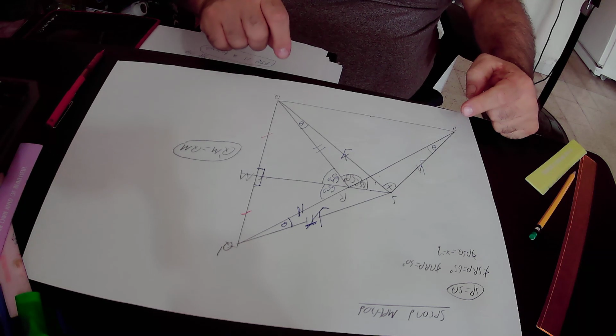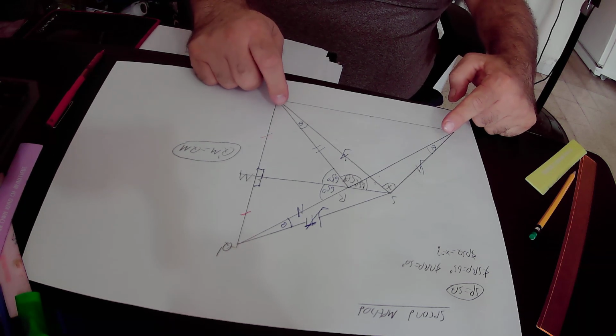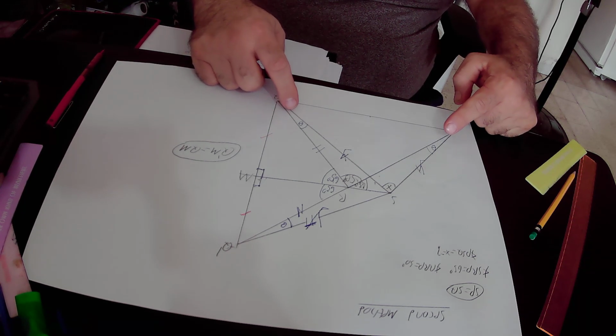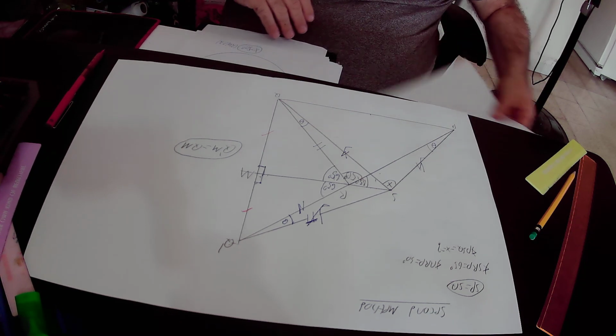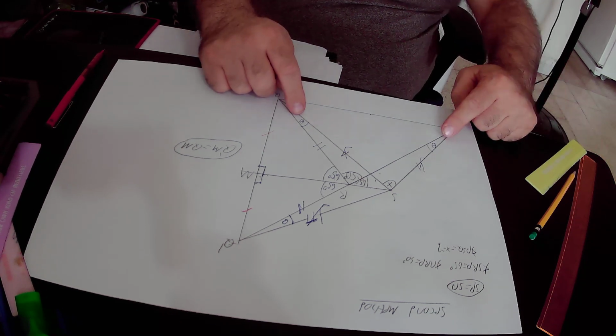So from now on, we continued according to method 1. We have here two angles that are equal to each other.